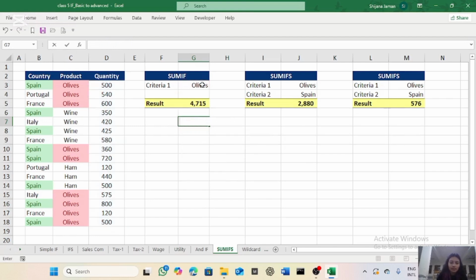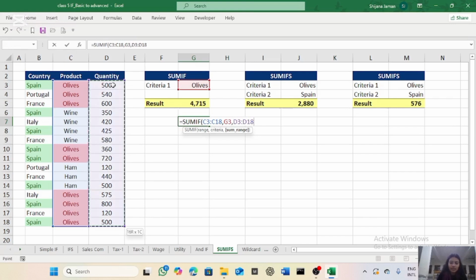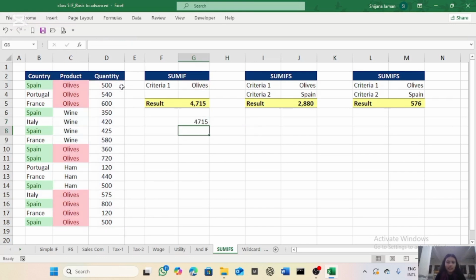Sorry, there was a problem, we had a mistake. So equal SUMIF, range means our criteria range. Criteria is olives, that's why we select our entire product range, comma, criteria is olives, comma, sum range means our entire quantity range, bracket close, enter. Yes, this is our result.